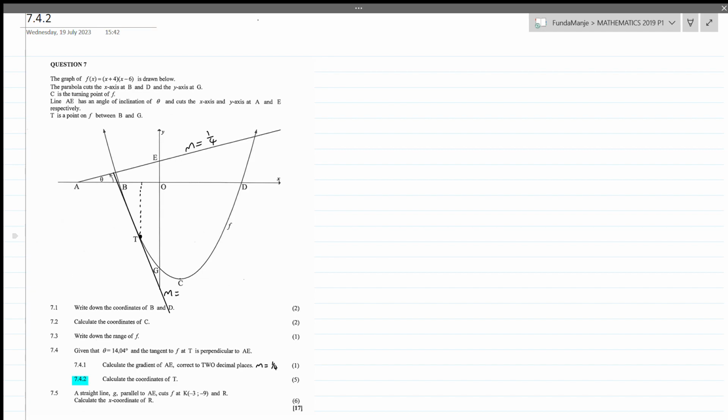We've been told from the information that the tangent to f at T is perpendicular to AE. So if the gradient of AE is 1 over 4, then the gradient of the tangent will have to be -4.